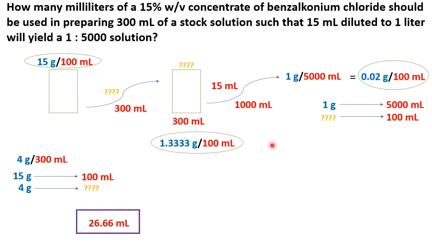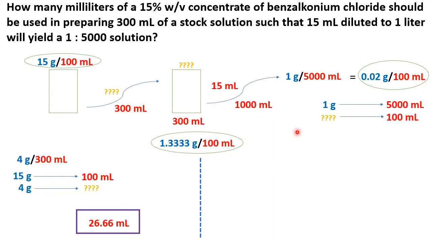We can solve this problem another way. How can we solve it? Reaching the point that we know the concentration of this solution and the concentration of this solution, we know that the volume needed is 300 milliliters of this solution.